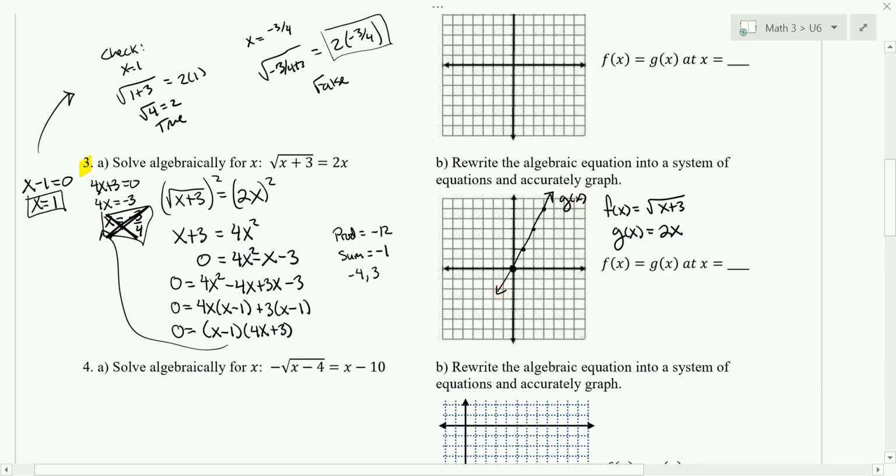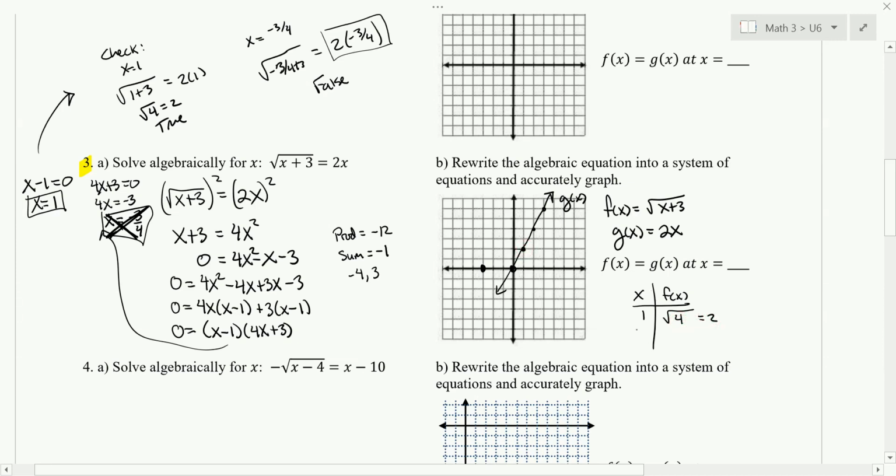And then f of x is a square root function translated left 3 units from 0, 0, so that's our first point. And then we can make a table and get some more points for f of x. If I plug in a 1, I get the square root of 4, which is 2.